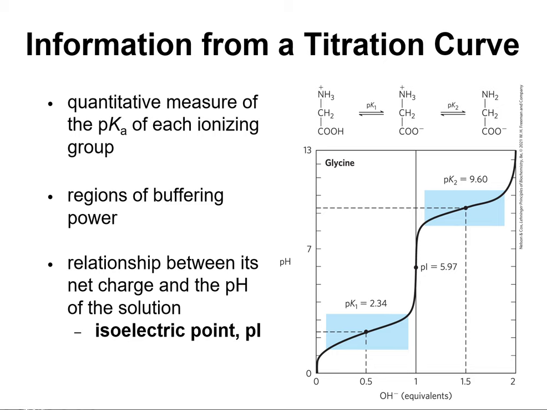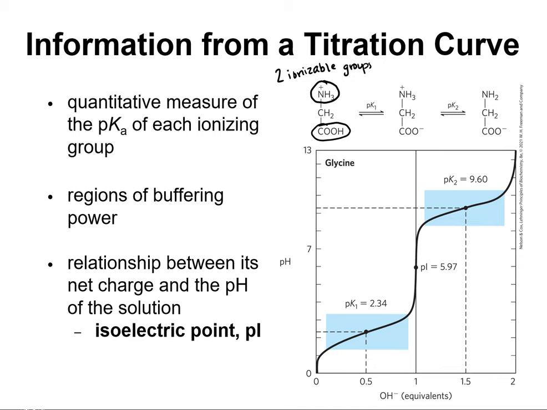So each amino acid has at least 2 ionizing groups: the amino group and the carboxyl group. Right now, we're looking at glycine and its titration curve. Its R group is just another hydrogen, clearly not ionizable, since it is connected to a carbon.